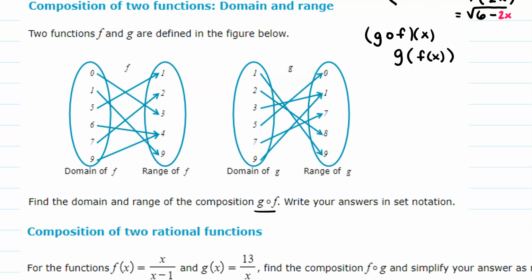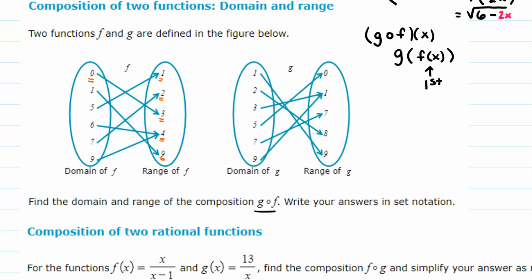So f of x is happening first. So in f, we're going to start with a 0, and 0 is going to go to 3, and 1 is going to go to 9, and 5 is going to go to 1, 6 is going to go to 4, 7 is going to go to 2, and 9 is going to go to 4.